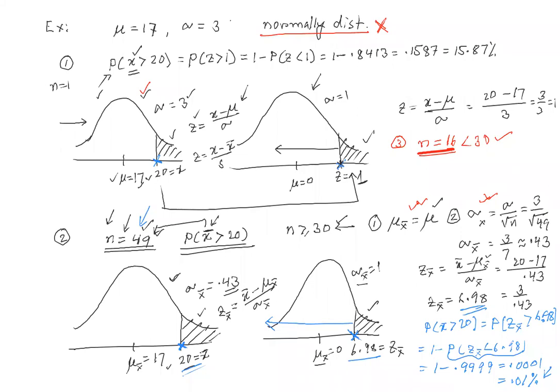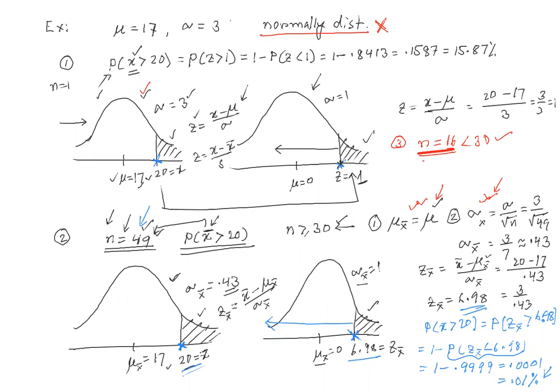It's not given in the problem. In that case you cannot apply these two conditions, and we cannot really find the probabilities. We don't have enough information about the population to use the central limit theorem. So that's very important.